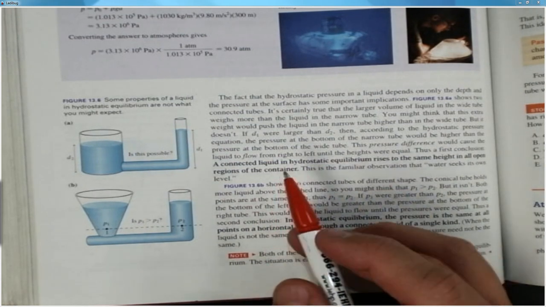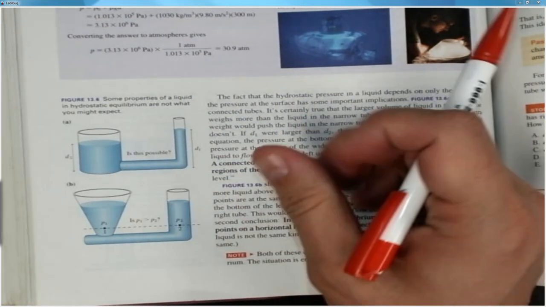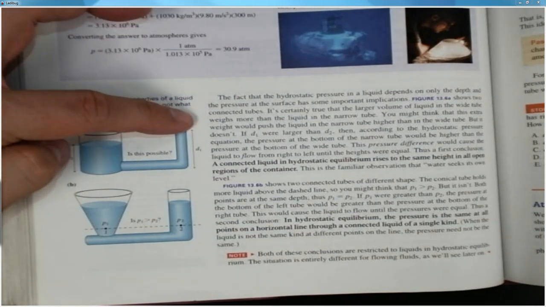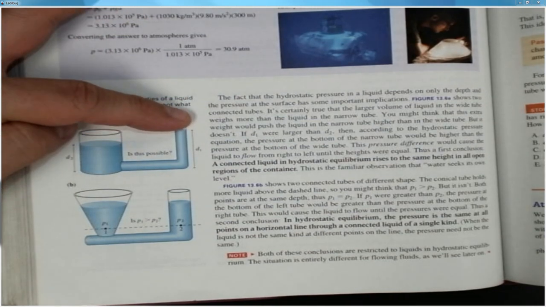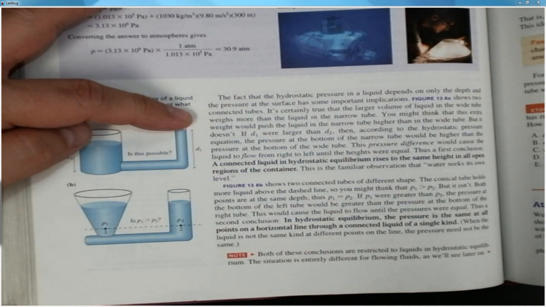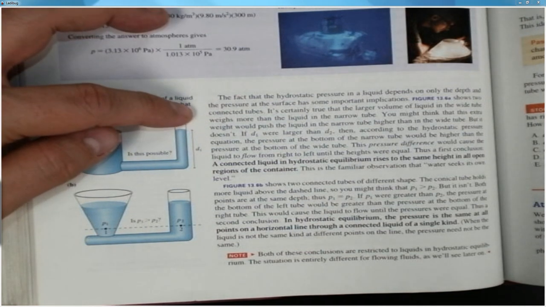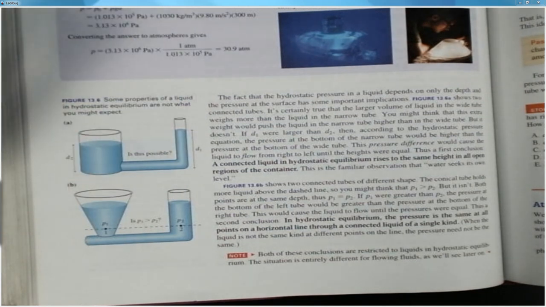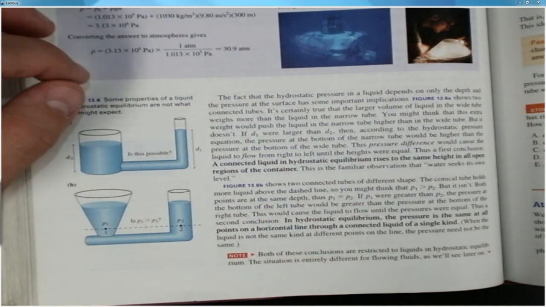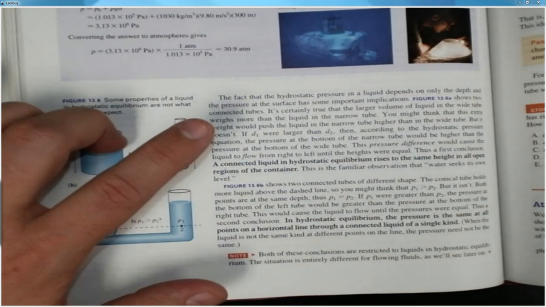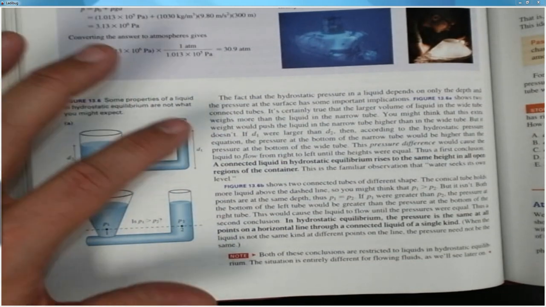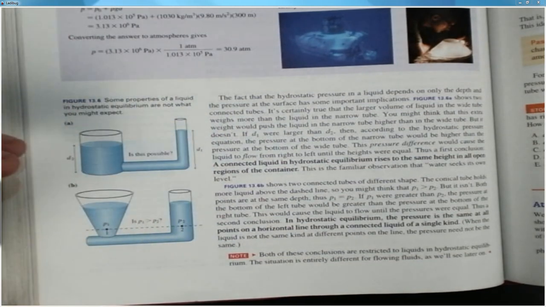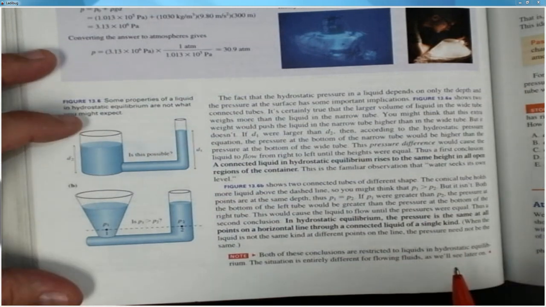Now, that is not true if it's got a closed region. Like if you put a stopper here, then it would stay like that for other reasons, because the air wouldn't be able to flow in. But if the container is open to the air everywhere, it's going to be equal level everywhere.